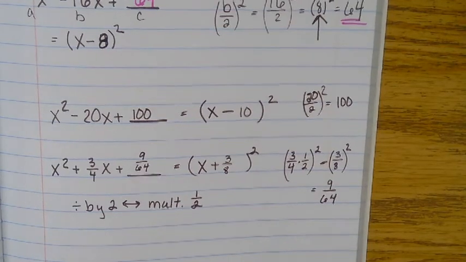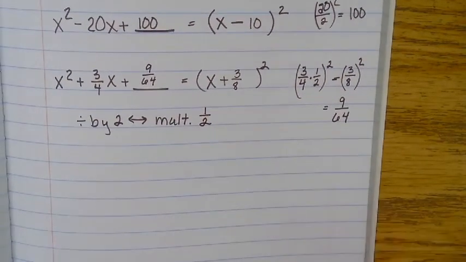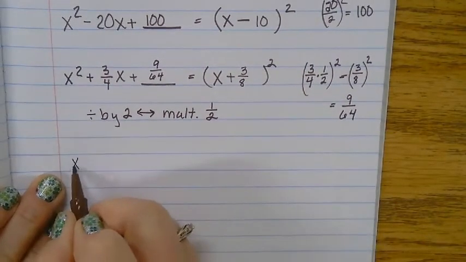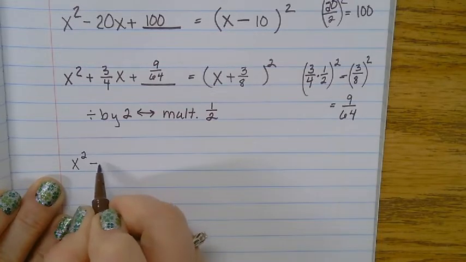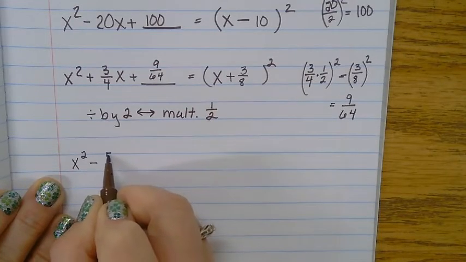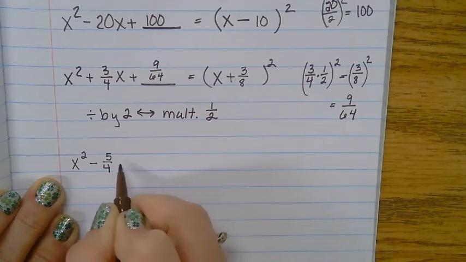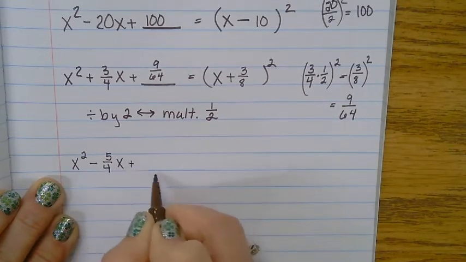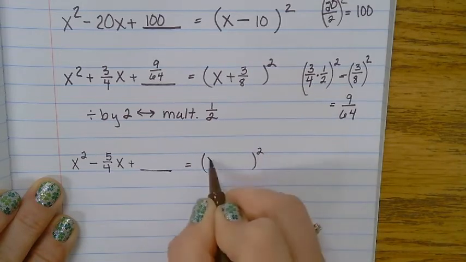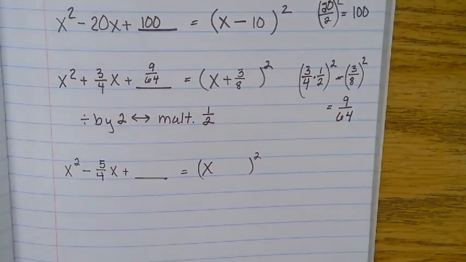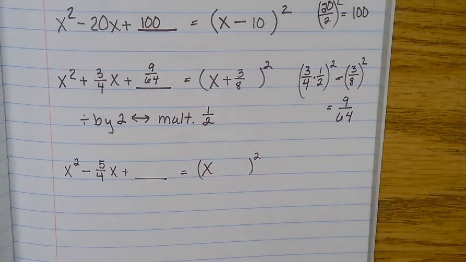Let me give you one more fraction one so that you can do it on your own. Okay, x squared minus 5/4 x equals x squared, x in parentheses squared.